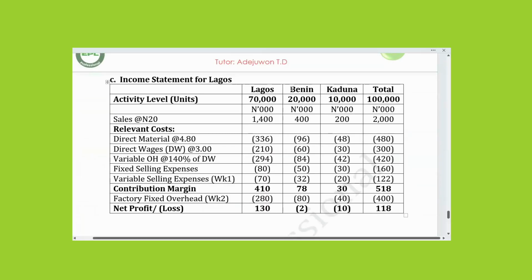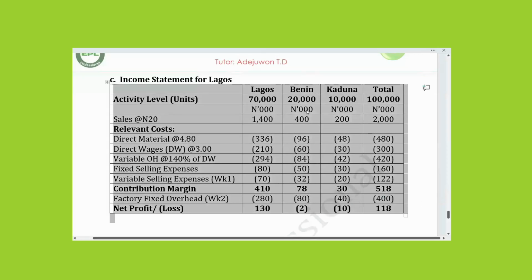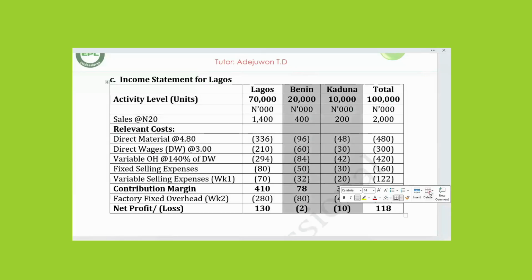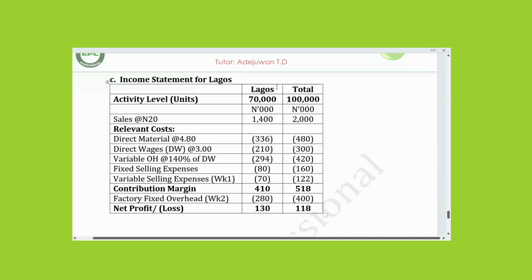So in this case, I don't have anything to do with Kaduna again, because we are closing down Benin and Kaduna. So that means only Lagos will continue in operation.